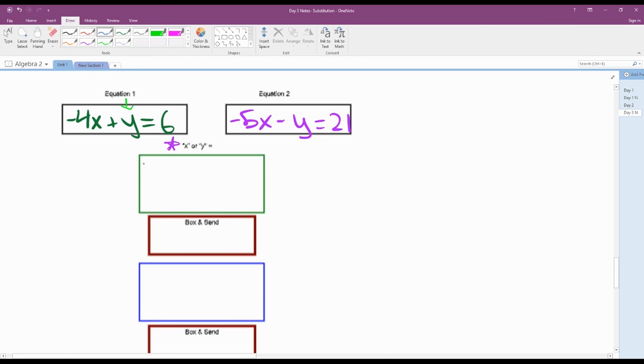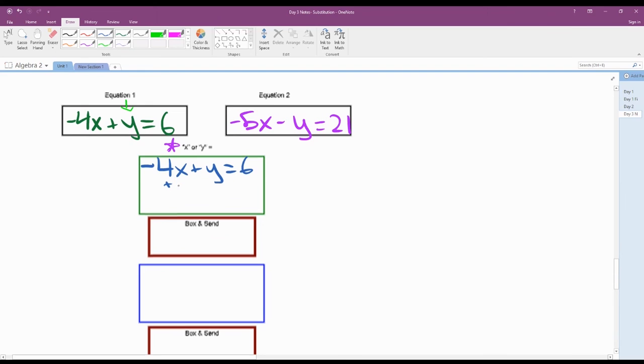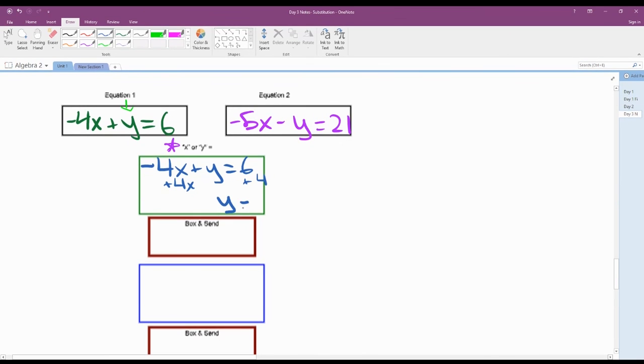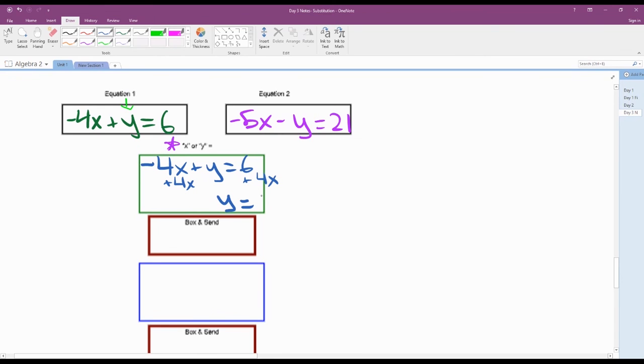All right, so we're going to say negative 4x plus y equals 6. And I only had to do one step to get y by itself. We got y equals 4x plus 6. And I'm done. So I'm going to take this 4x plus 6, and I'm going to send it over to my other equation.